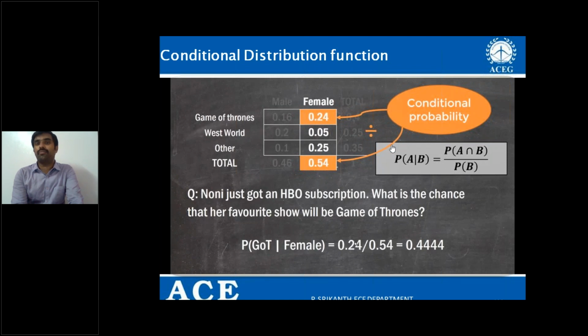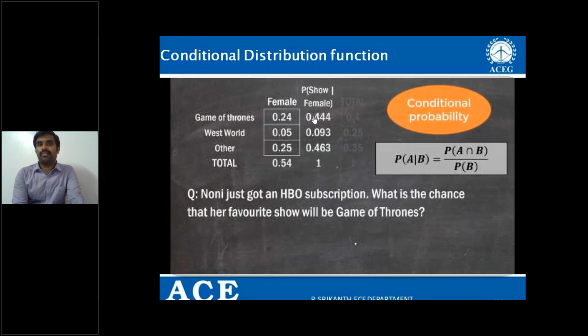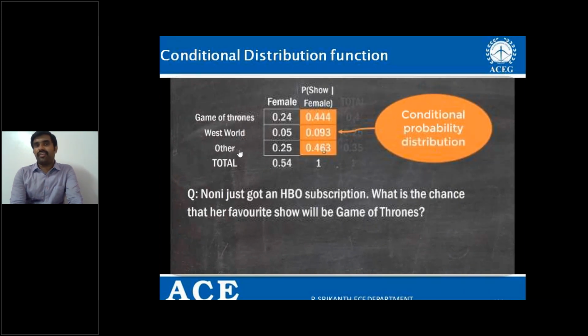That is called conditional probability. Why? Because it is P(A intersection B), Game of Thrones intersection female. Right? Similarly, these are the conditional probability values for female candidates and Westworld, and female candidates and other subscription, P(A given B).